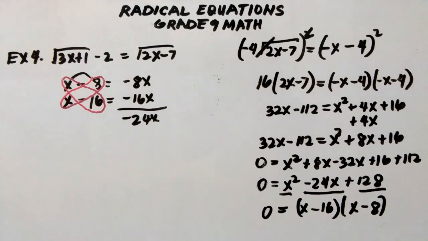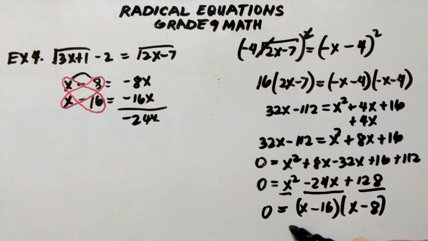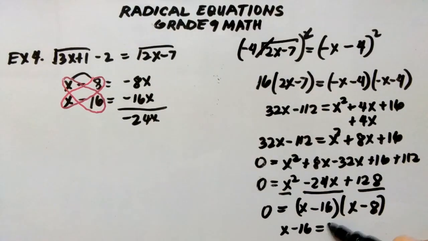Okay. Then, unahin po natin to, kunin natin ang value ng x. So, we have x minus 16 is equals to 0.